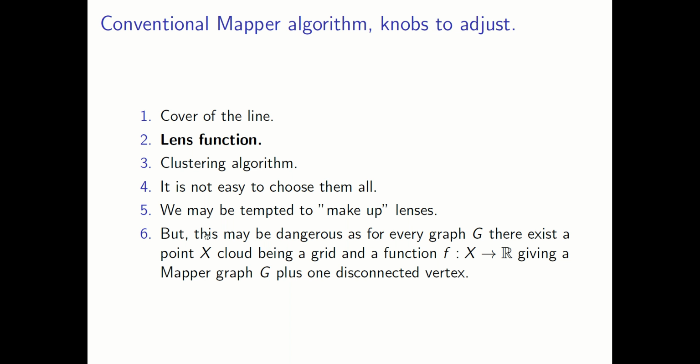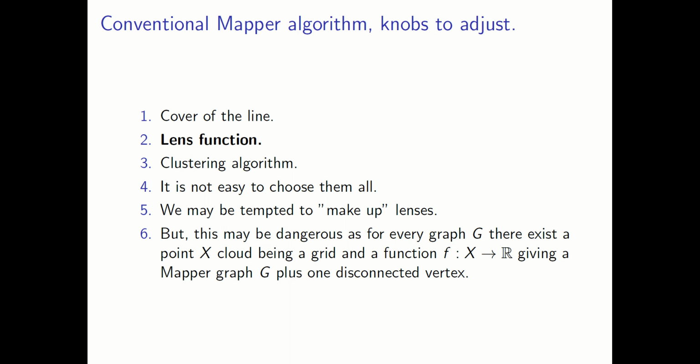Then I will be able to find a point cloud X, which essentially will be a grid of points in R^3, on which I will construct a function from this point cloud X into the real line, such that if we run a mapper construction on the point cloud X and this function which I make up for you, then the mapper graph will be G, your favorite graph, whatever it is, plus one disconnected vertex. So we need to be careful. A lot of freedom is also a lot of responsibility.